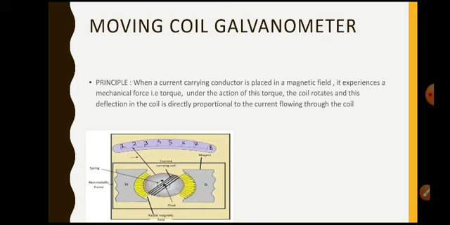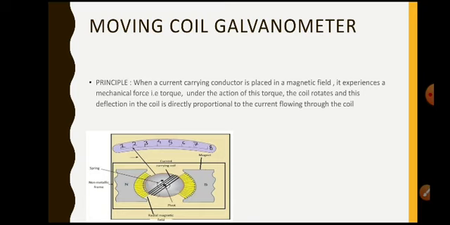A current carrying rectangular coil is placed in the magnetic field of two horseshoe magnets which are spherical in shape. We use this spherical shape to get a high intensity radial field.